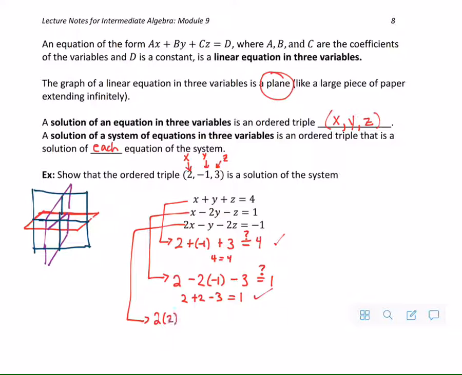2 times 2, my x is 2, minus a minus 1 for y, minus 2 times 3 for z. See, what I'm doing is, again, plugging in x equals 2, y equals negative 1, and z equals 3. So on the left-hand side, I get 2 times 2, minus a minus 1, minus 2 times 3.